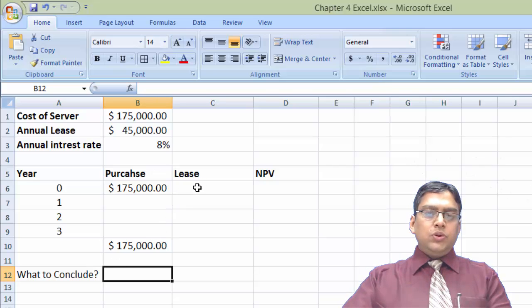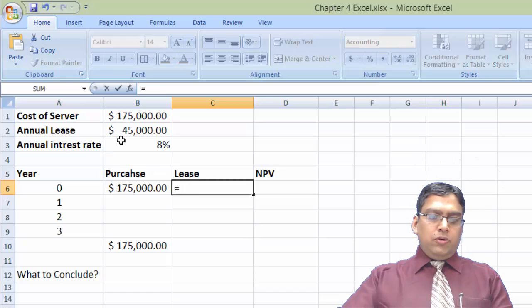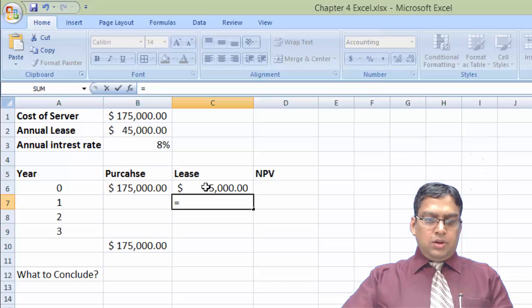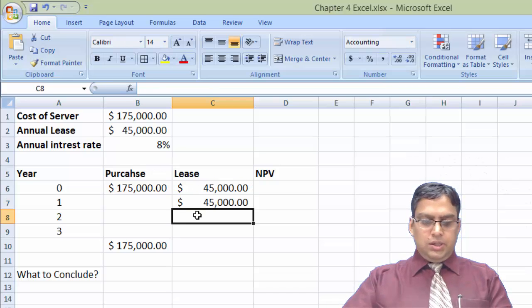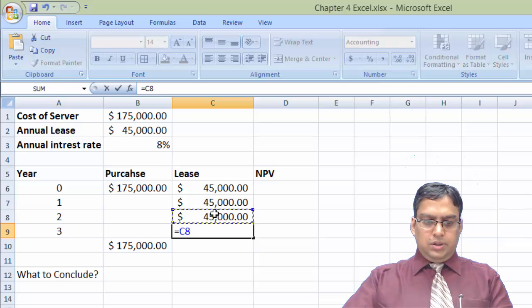To know this, we use a formula here. The lease amount is 45,000, the same last year, and the same last year.